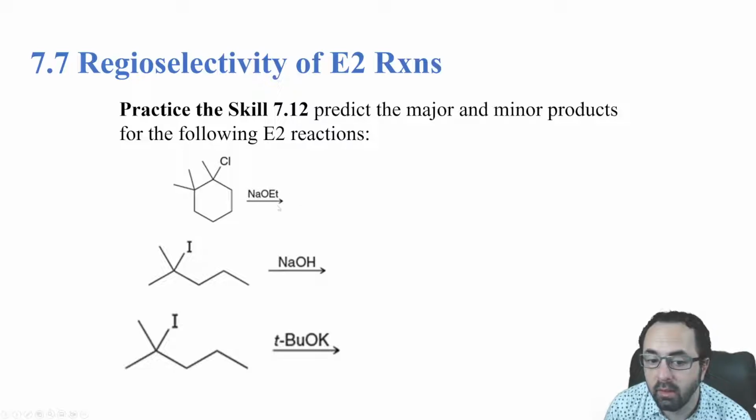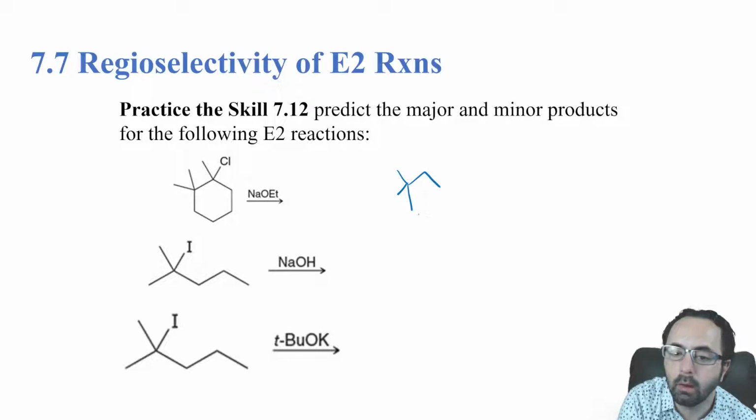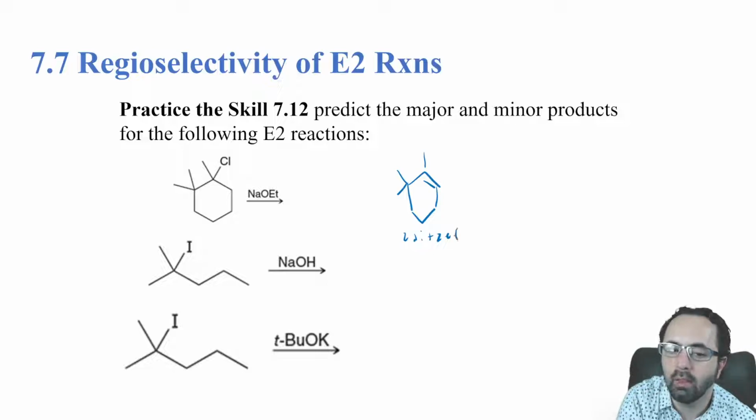Here, this has ethoxide in it, which is not sterically hindered, and so we would not get the so-called Hofmann product. Our two potential products would be, one of them, where we have a double bond right here. That would be the Zaitsev, and that would be from removing this hydrogen right here and this chlorine.